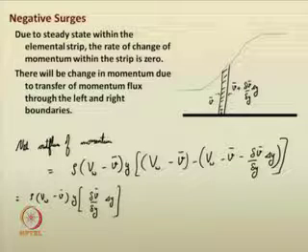Like this, you will get V w minus V bar, it is getting cancelled off, isn't it?